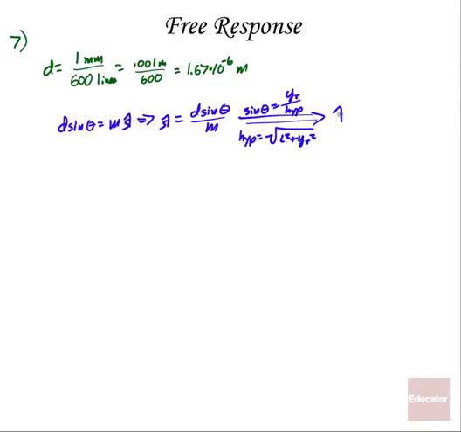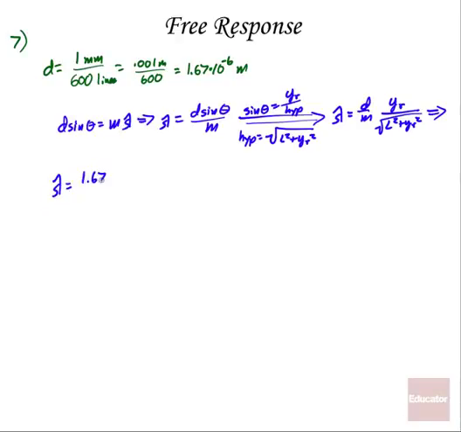So then I could write that our wavelength is going to be equal to d over m times the sine of theta, which I'm going to write as y sub r over the square root of L squared plus y sub r squared.